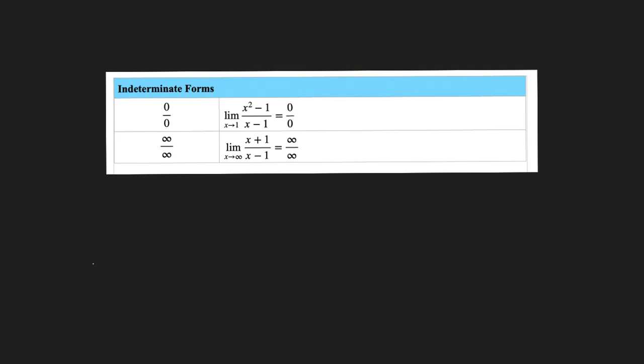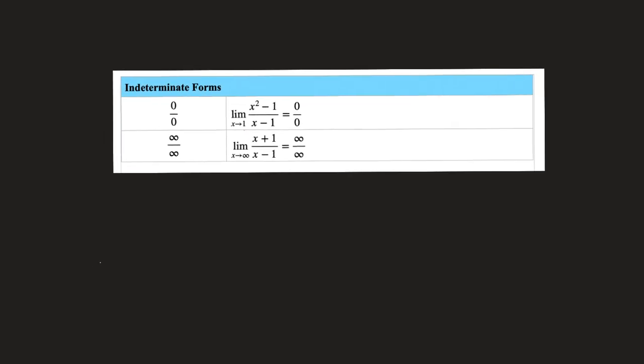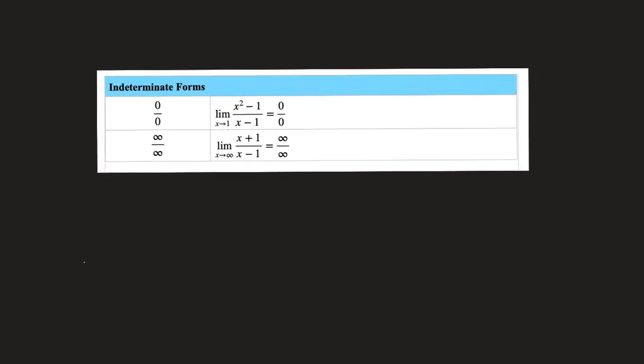Let's go back to the Calculus 1 class to find the limit. We call an indeterminate form something that looks like a 0 over 0 form. Look at this limit: the limit as x approaches 1 of (x squared minus 1) over (x minus 1). When you see this limit, we find it by factoring or multiplying by the conjugate. But before I introduce L'Hopital's rule, what are you going to do with this one? Direct substitution.